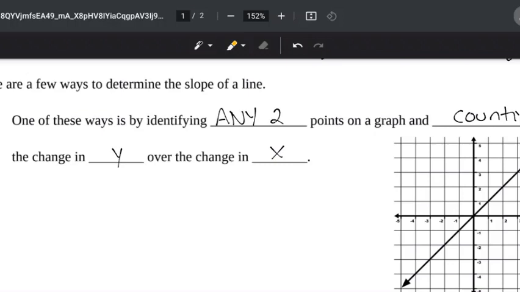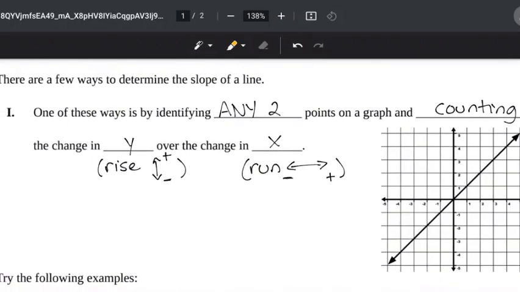Once again, we call that change in y the rise on the graph. If we are going up, that's a positive movement. If we are going down, that's a negative movement. Over the change in x, which we call our run. And again, a movement to the left is negative, and a movement to the right is positive.